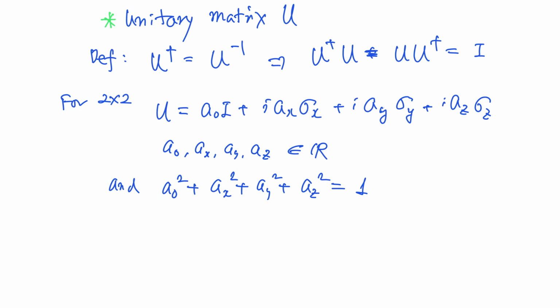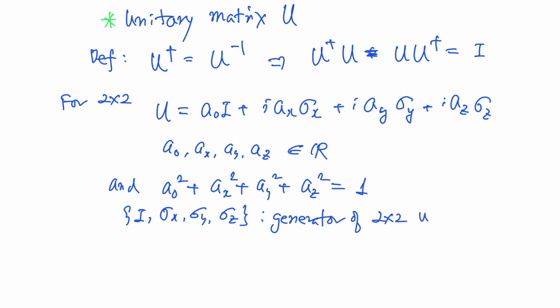We call identity, sigma x, sigma y, sigma z the generators of the 2 by 2 unitary matrix. Sometimes we call it SU(2), special unitary.